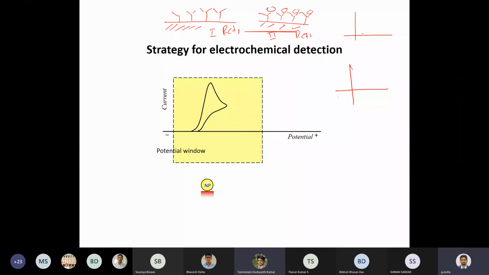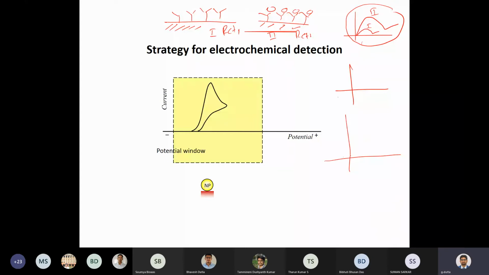One will be the highest, sir. Sorry, second will be highest. First will be lowest. So this is the second, this is the first, right? So you will get this kind of behavior from impedance. Now, if you measure the cyclic voltammogram, you will get something similar.